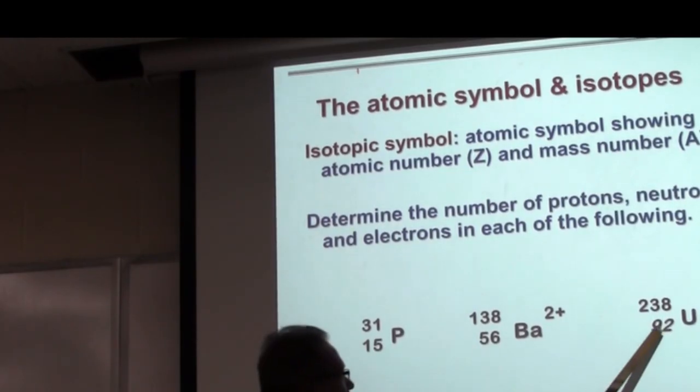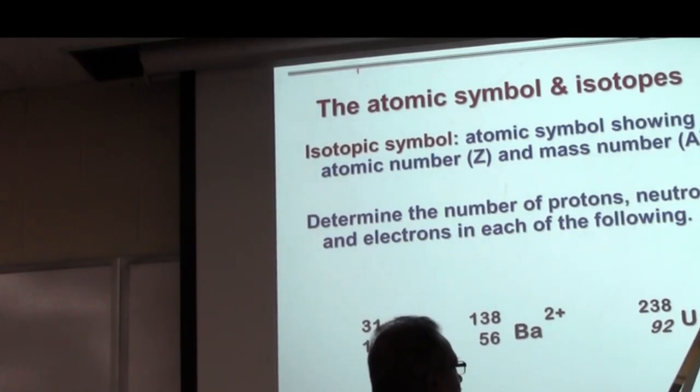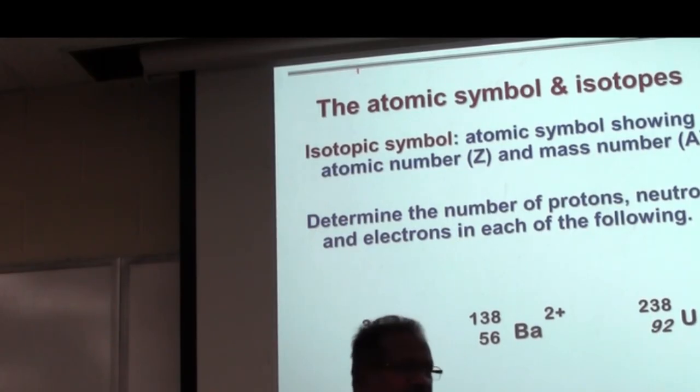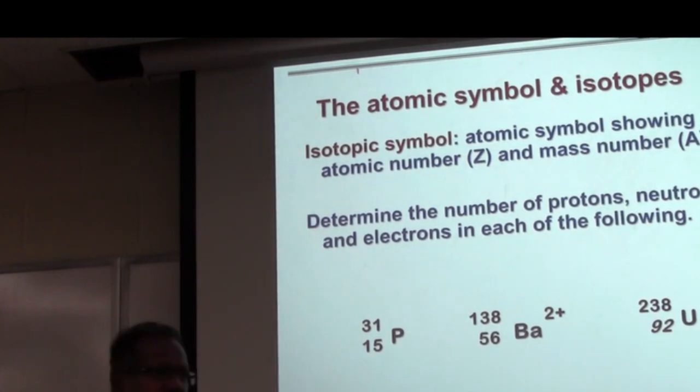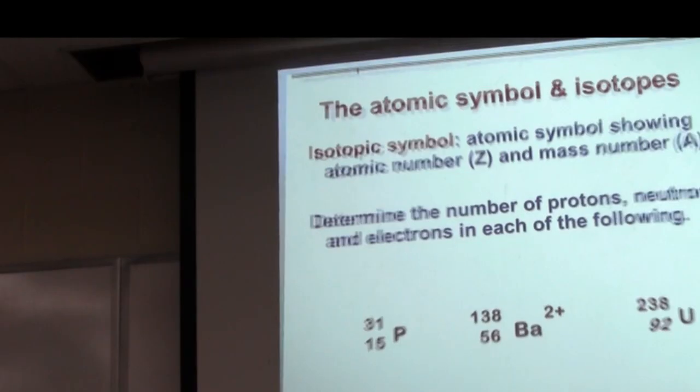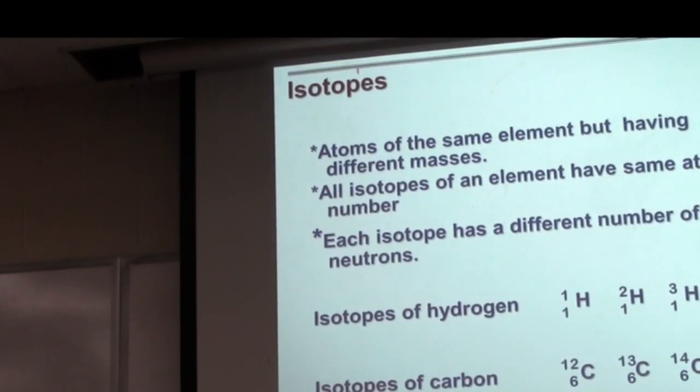All right. 92 protons, 92 electrons, 238 subtract 92 gives 146, right? 146 neutrons. All right. You should be able to do all these things. I think we have done that already.